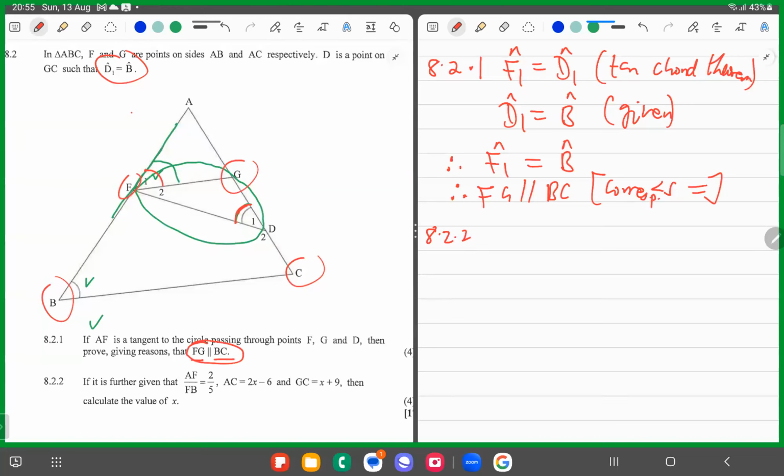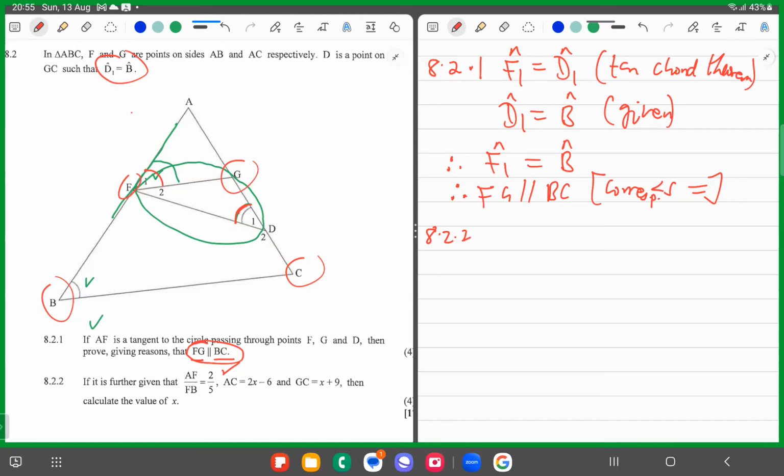Look at 8.2.2. If it is further given that AF over FB is equal to 2 over 5, and you have those results there. So let's analyze this one.